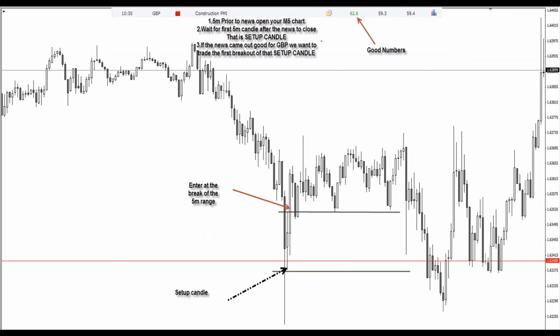Let's say that construction PMI came better than expected, with deviation that is higher than prediction. What is predicted? Usually, this is previous month. This is prediction for current news release. This is the actual number. For this occasion, I'm using a Forex Factory calendar.